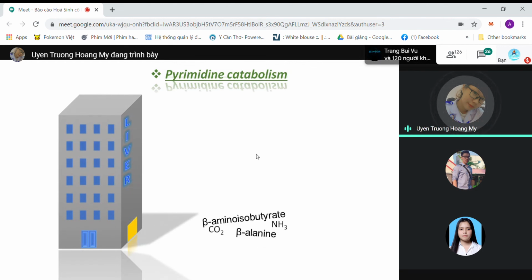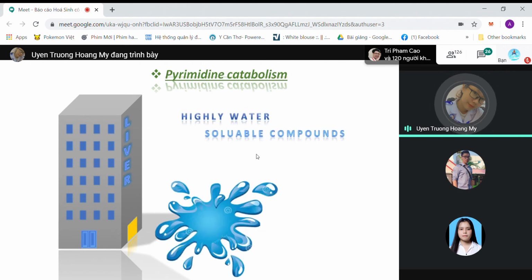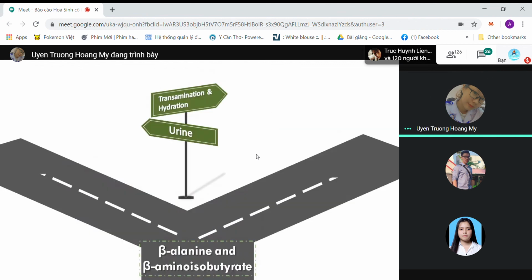The beta-alanine and the beta-aminoisobutyrate are highly water-soluble compounds. They may be excreted with the urine, or they may be converted to malonic semialdehyde and then into acetyl-CoA by transamination and hydration processes.